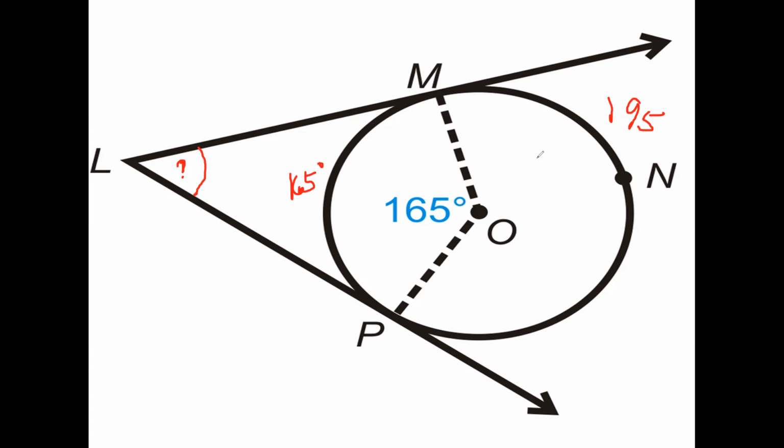Okay, kung sino man yung nakasagot, tama po kayo. It is 195 minus 165. Makukuha natin ay 30. At yung 30 na yon ang hahatiin natin or itatimes natin sa 1/2. Then we can have our angle L, which is 15 degrees.